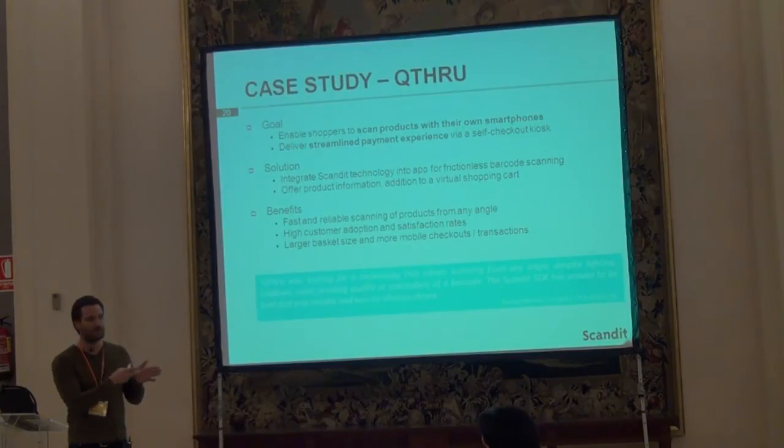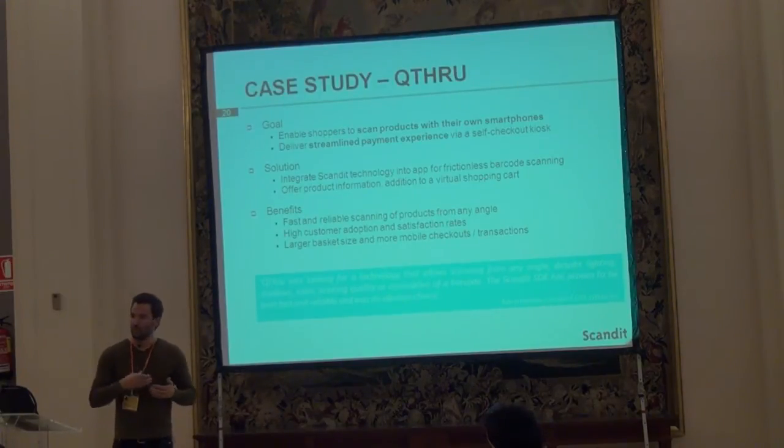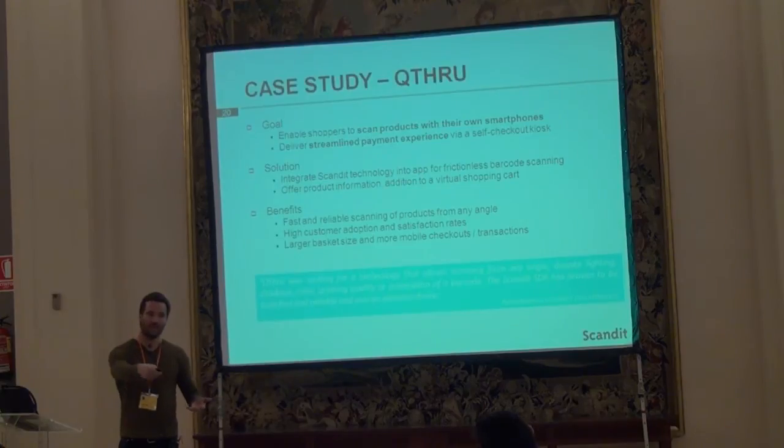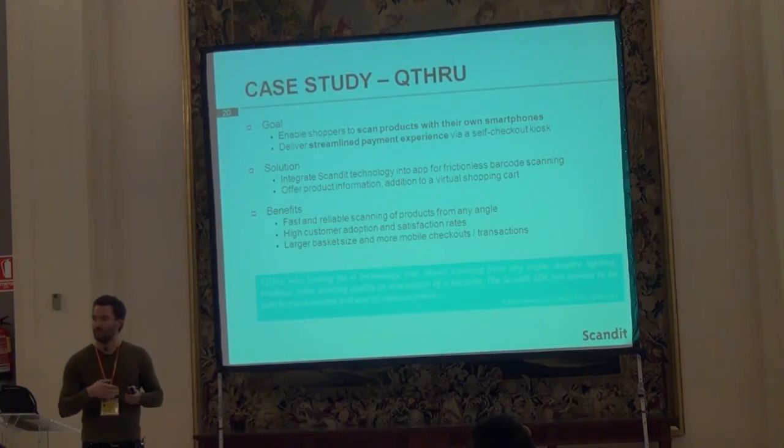They include the scanning technology to allow the consumer to walk through the store, scan all the items, bag the items, and then before they walk out, there is a self-checkout kiosk where the user has to scan a final code at the checkout kiosk to complete the transaction.